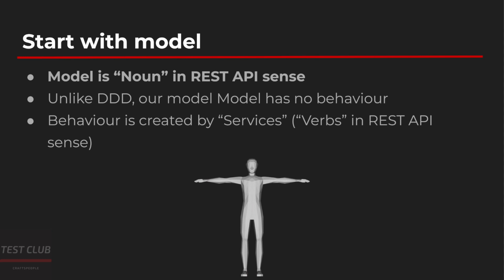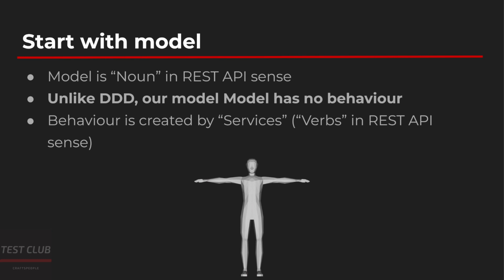So model is a noun in the REST API sense, things that we can create in our REST API service. User in our case, but it can be, let's say, pizza order, pizza type, this sort of thing. And unlike domain-driven development, the model that we're going to create will have no behavior, just data and parameters.